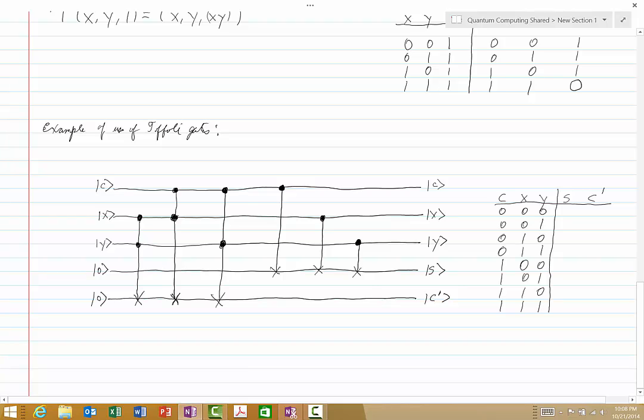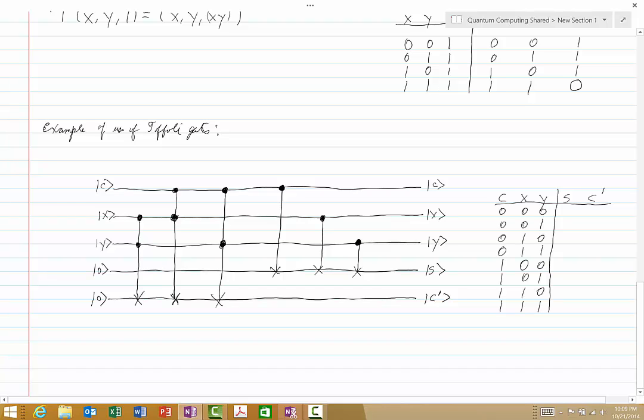The top line is C, the second one is X, the next one is Y, and the bottom 2 lines for the input have zeros. And you can see that the top 3 lines for the output will be C, X, and Y, matching C, X, and Y for the input.